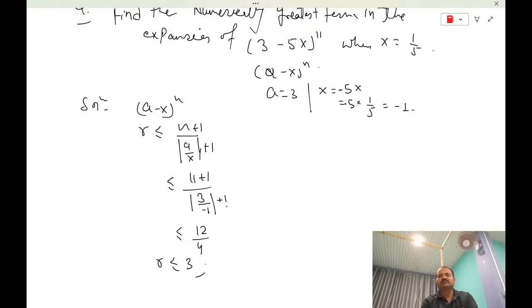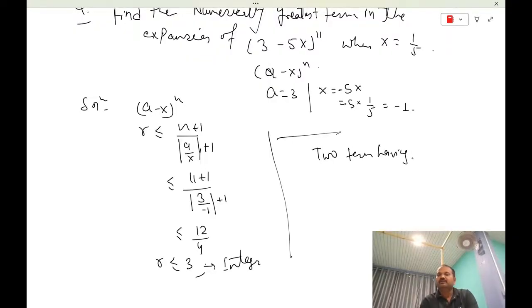So if it comes in the integer form, then there will be two middle terms, two terms having the greatest numerical value, which will be T3 and T4.